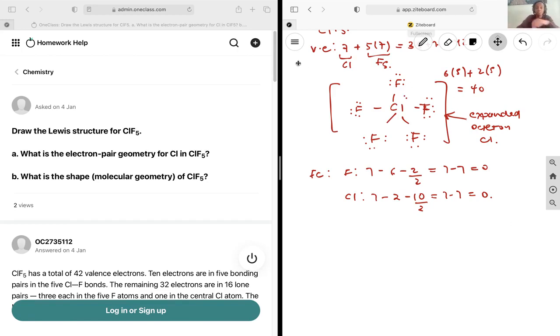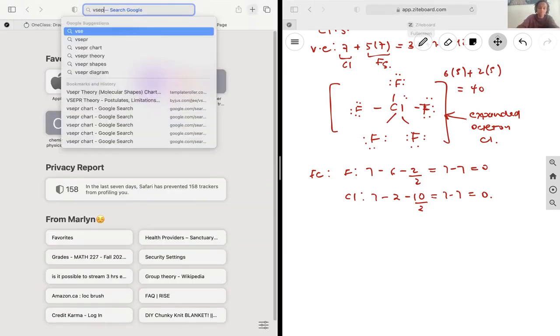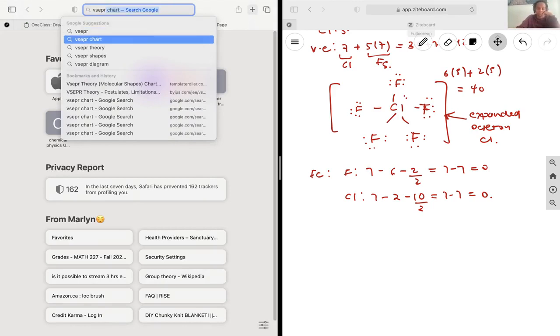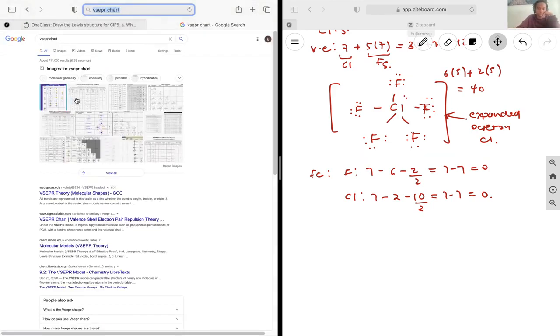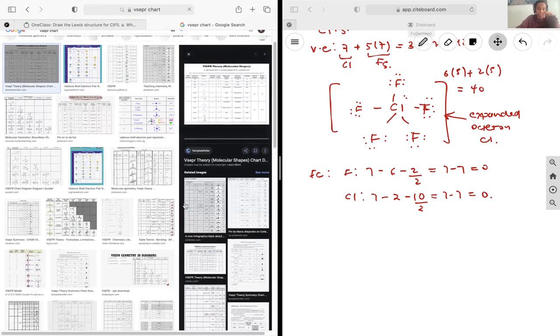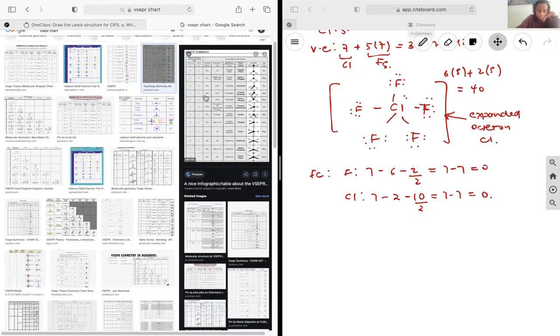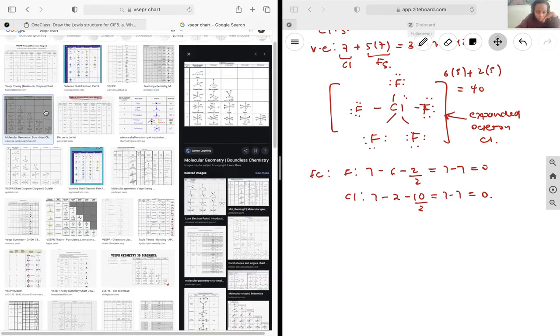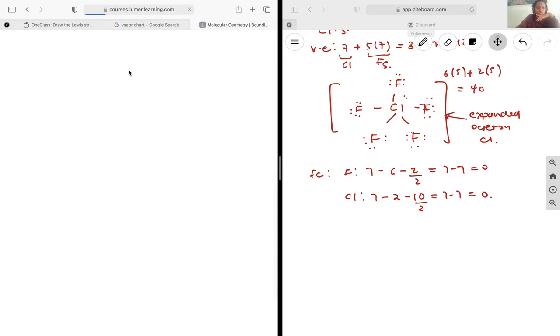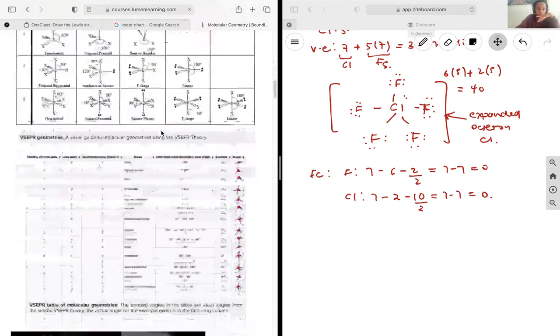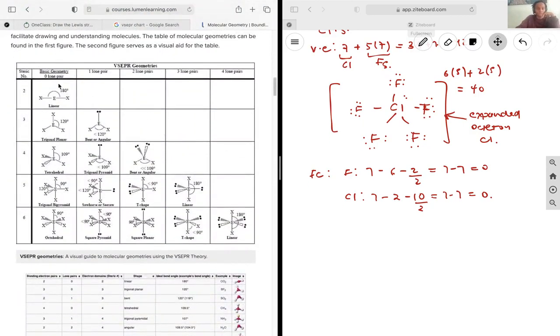And so if we pull up the VSEPR chart, we see that we have 6 pairs around it.